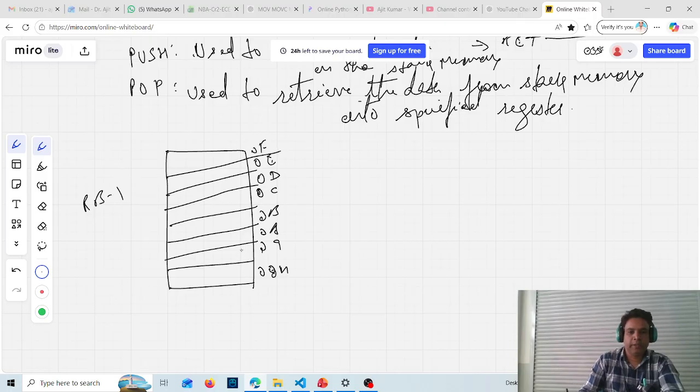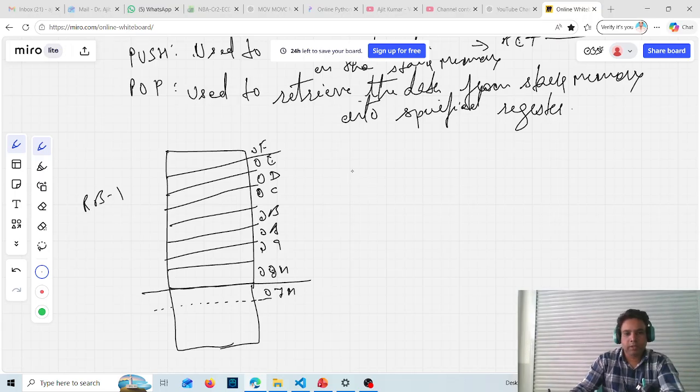These are the different locations of register bank 1. Let me also draw register bank 0, whose end address is 07H. As I told you, when you switch on your microcontroller, the SP register will contain 07H.